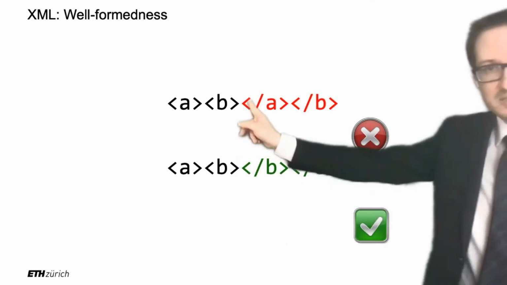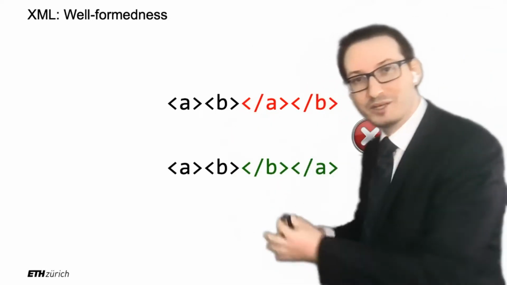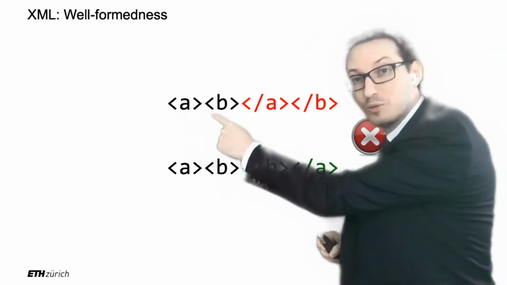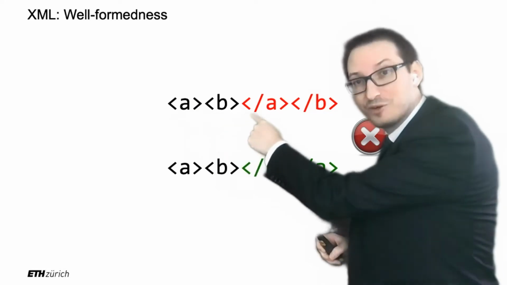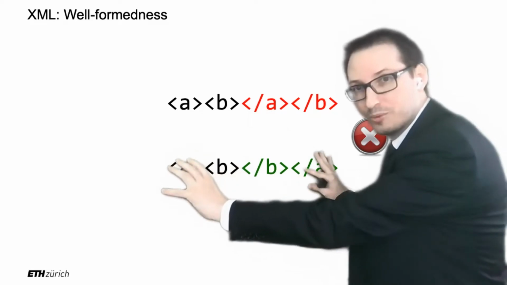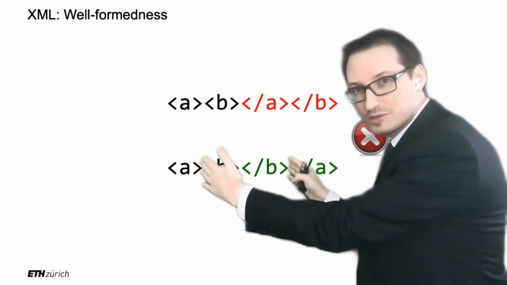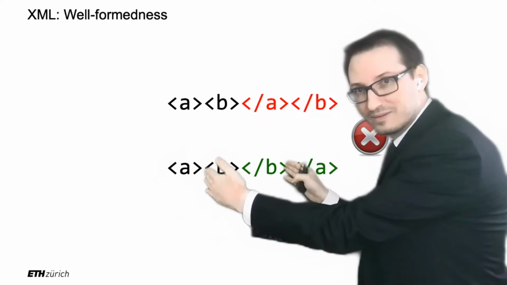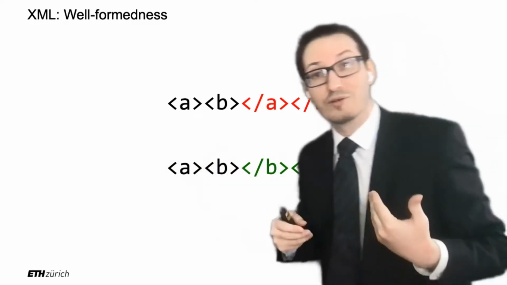Okay, this here is not well formed. Why? Because you see that I'm opening A and I'm opening B, but I'm closing A first. That doesn't work, right? You really need to nest. So if you open and close A, you must close B within A, right? So it's just a matter of consistency.